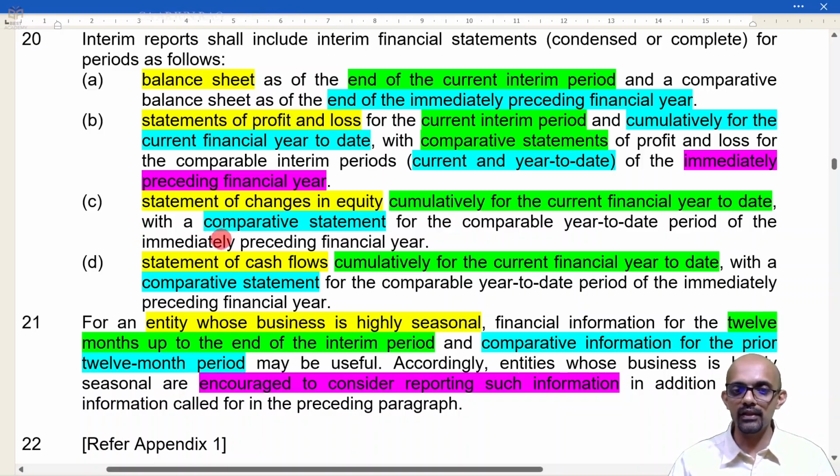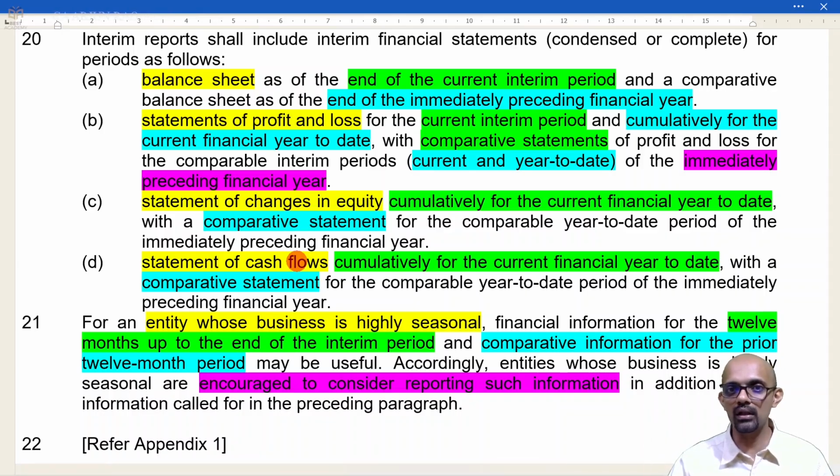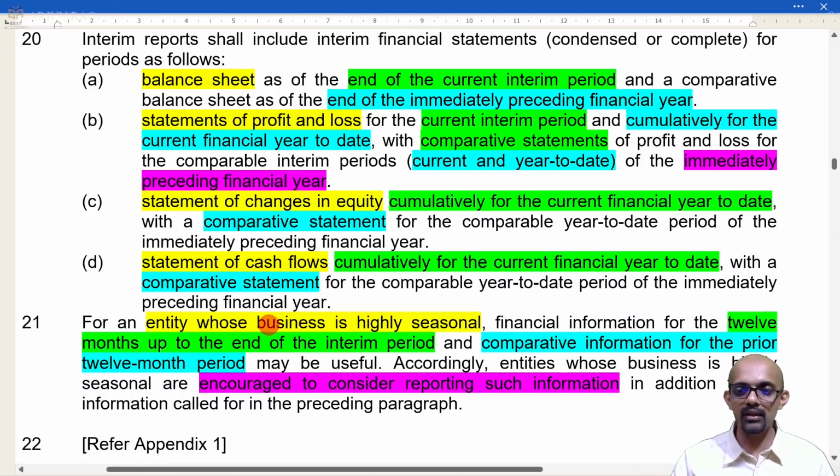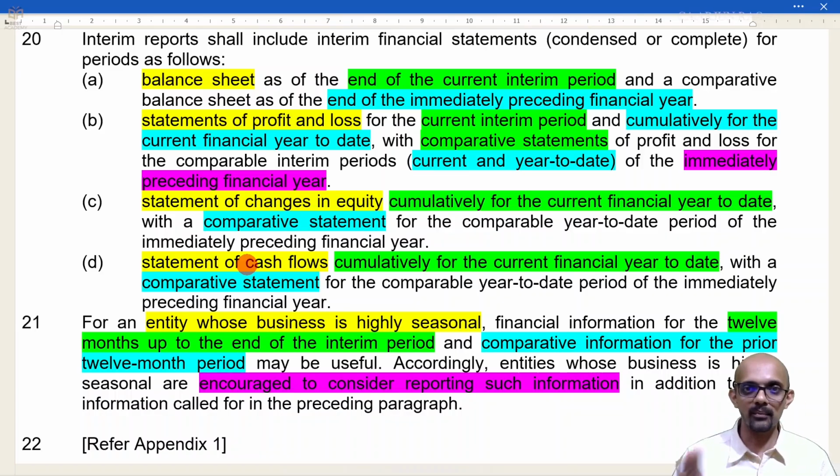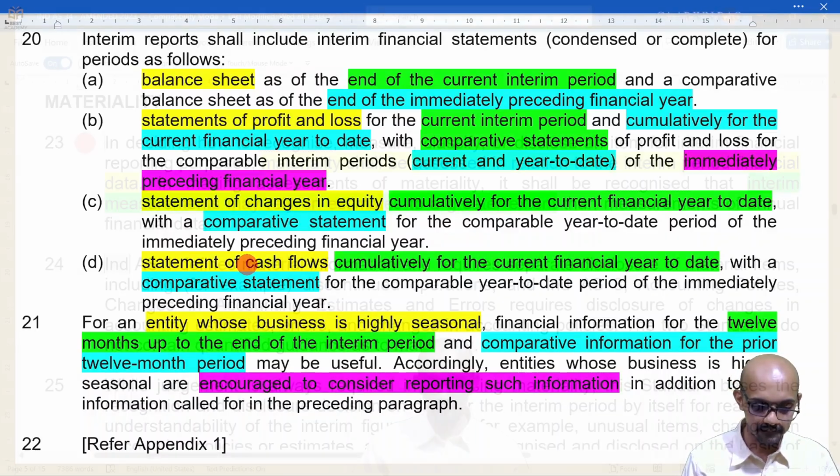So for the statement of changes in equity and cash flow, it is only year to date, that is the beginning of the current financial year to the end of the current quarter and the corresponding period of the previous year. So for seasonal business, it is also encouraged for P&L, changes in equity and cash flows to report information for 12 months ending at the end of the current quarter and the corresponding period for the previous year.